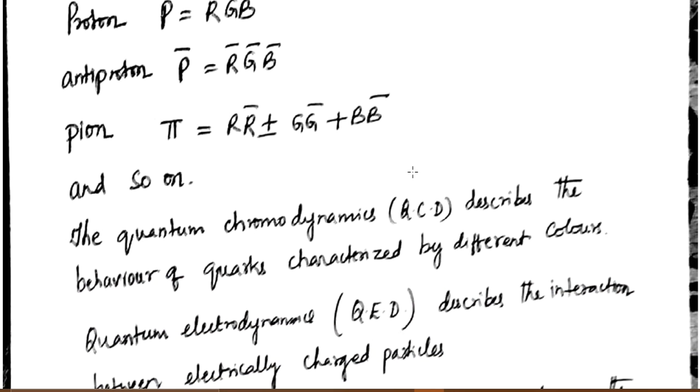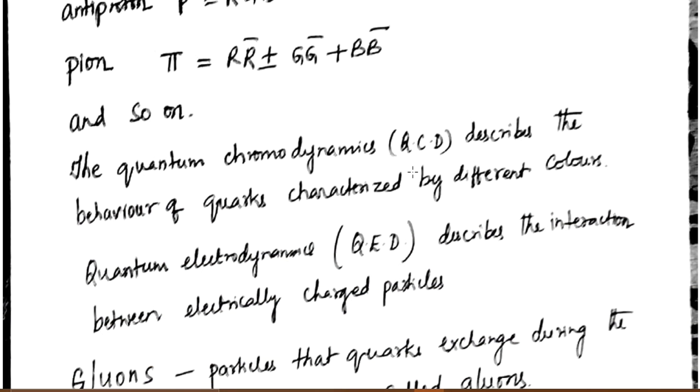Quantum chromodynamics describes the behavior of quarks characterized by different colors. Quantum electrodynamics describes the interaction between electrically charged elementary particles.